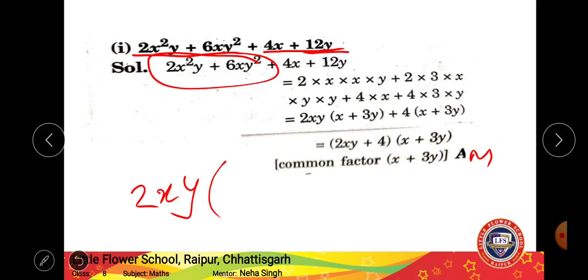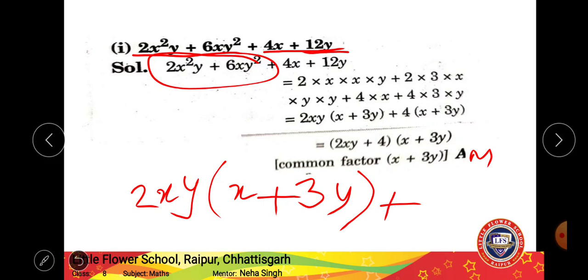So what are we left with? x, only x, right? Plus, if from 6 we are taking common 2, what is left? 3. x is 1, so x1 has been taken common. y was 2 and 1 has been taken common, so what are we left with? y.